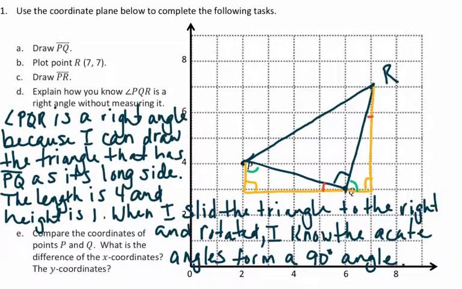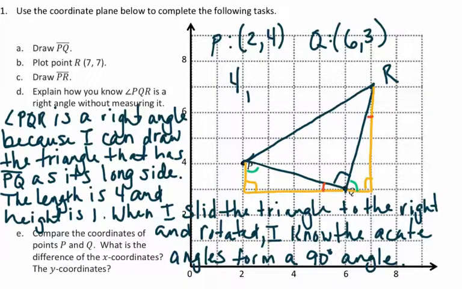Now part E says compare the coordinates of points P and Q and what is the difference of the x coordinates. So let's just take a look at that. Let's look at P and Q. The coordinates for P are 2, 4, and the coordinates for Q are 6, 3. It says what is the difference of the x coordinates? Well, the difference would be 4.